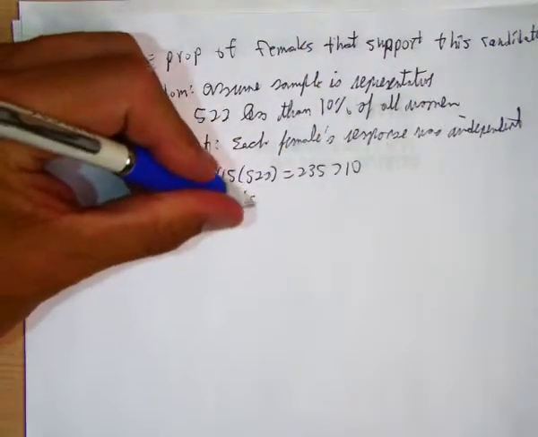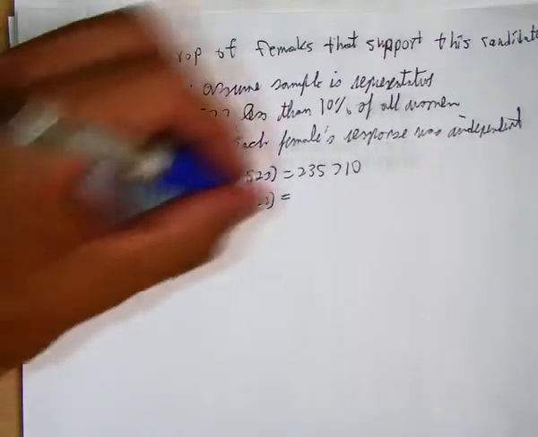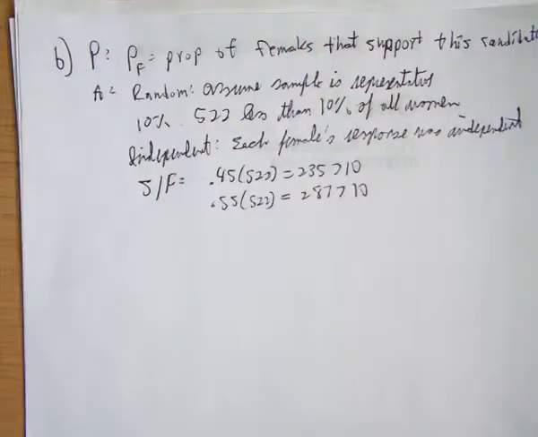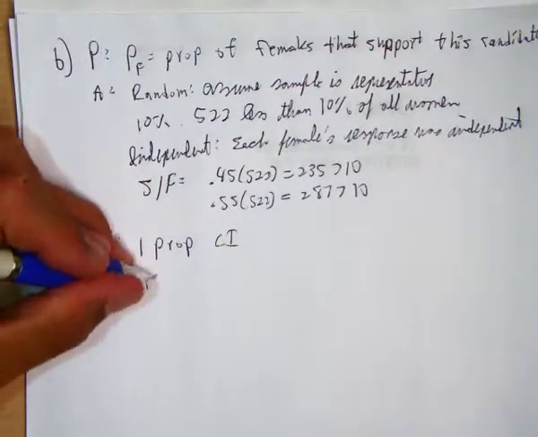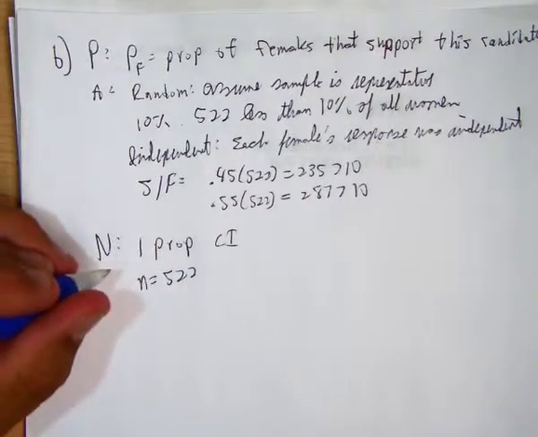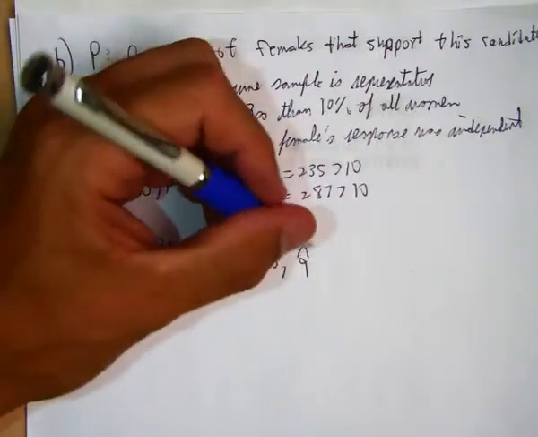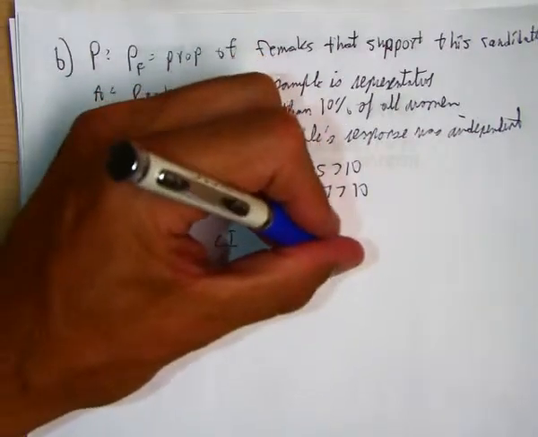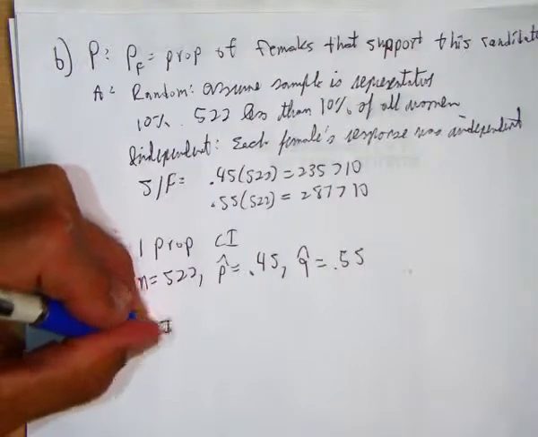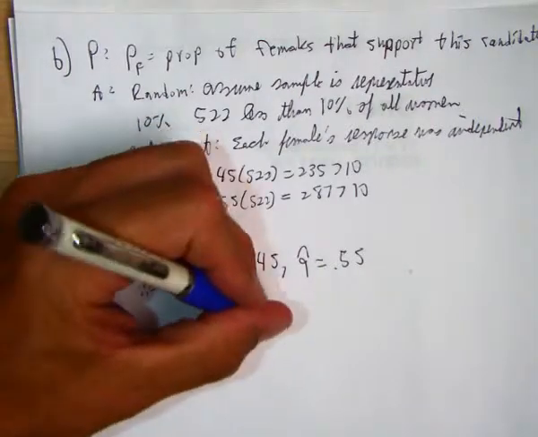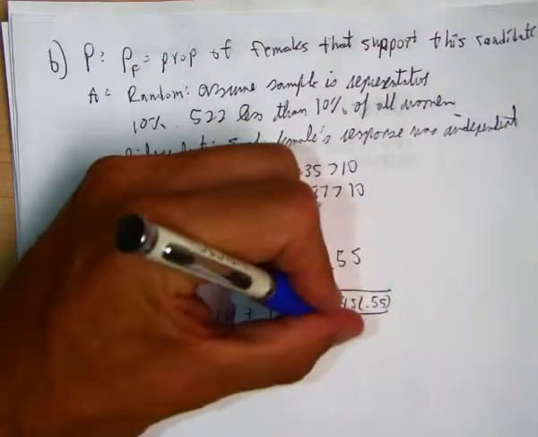And 0.55 times 522 is about 287, and that's greater than 10. Okay. Name the test: one prop confidence interval, and N is 522. P hat is 0.45, and Q hat is 0.55. The interval is P hat plus or minus Z times the square root of P hat Q hat over N.